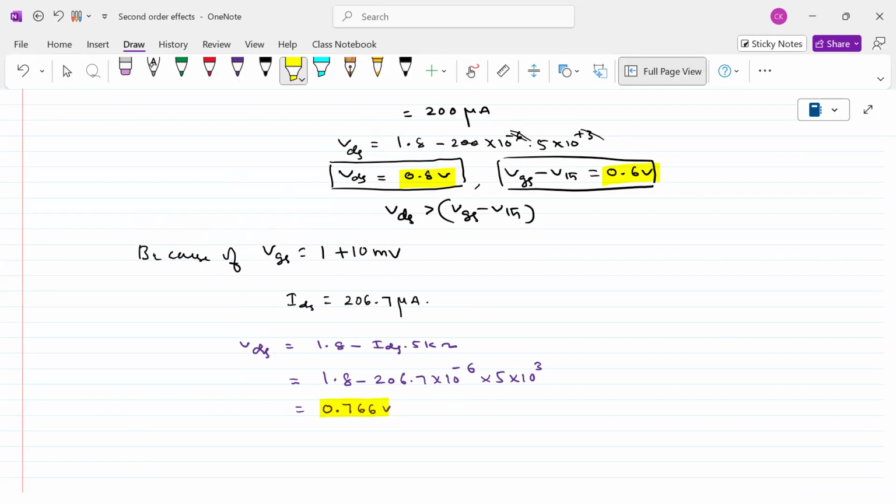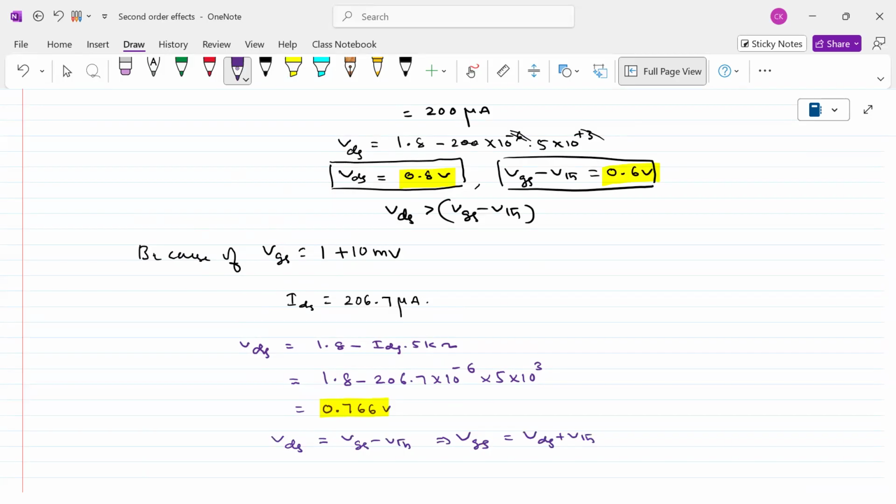So it should be whatever gate potential you apply, you change. Okay. Therefore, this is the relationship you should always remember. VDS must be greater than or equal to VGS minus VTH. That means VGS is always more than the drain potential by one threshold voltage.